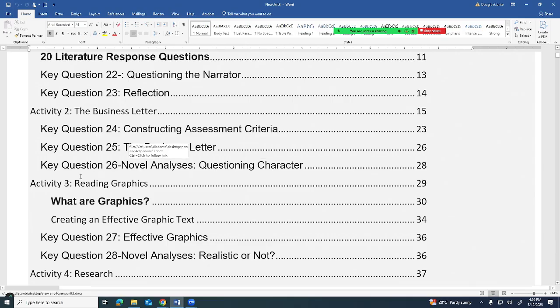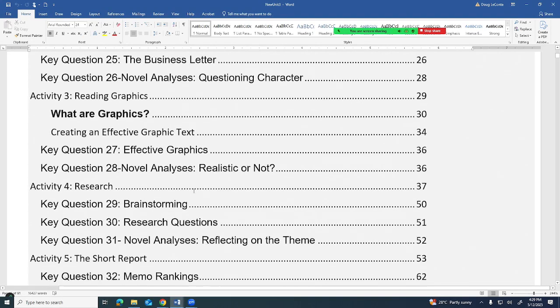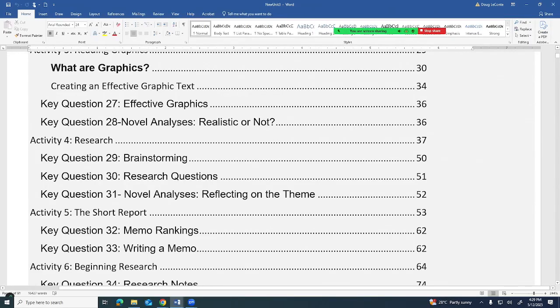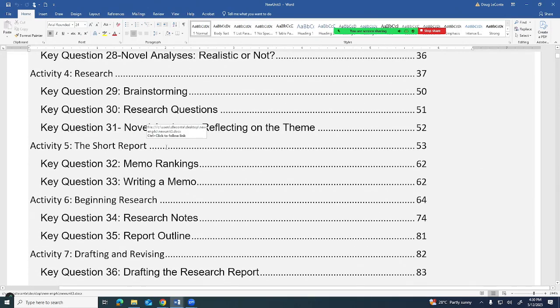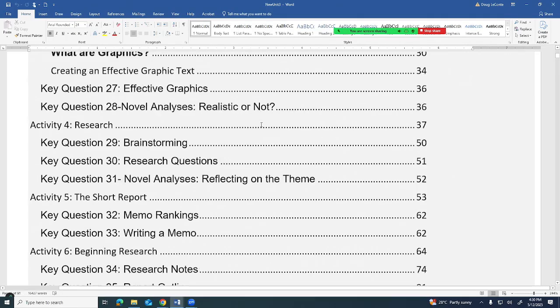Key question 26, novel analysis, questioning the character. Question 28, novel analysis, realistic or not. And key question 31, novel analysis, reflecting on theme.